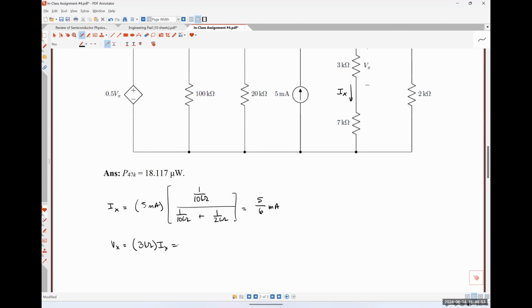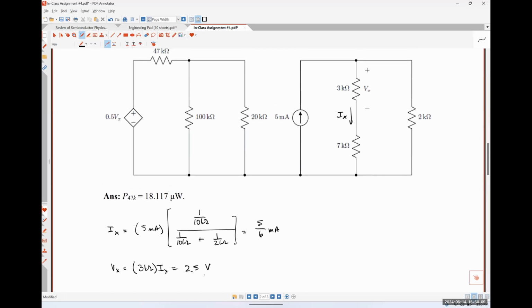So that would be, let's see, 15 over 6 is 2.5 volts. Okay. So if Vx is 2.5 volts, then what is 0.5 Vx? 1.25 volts.